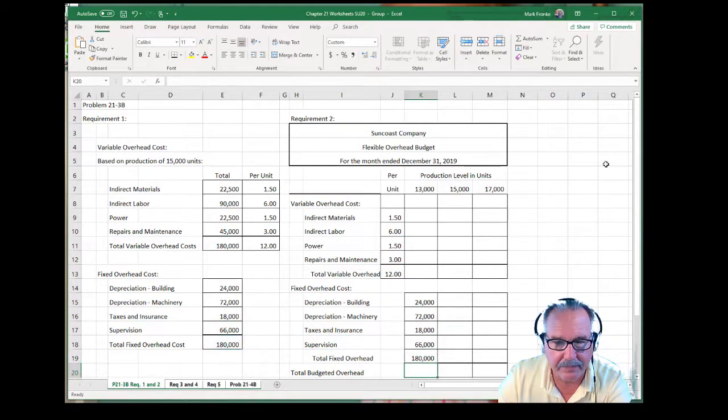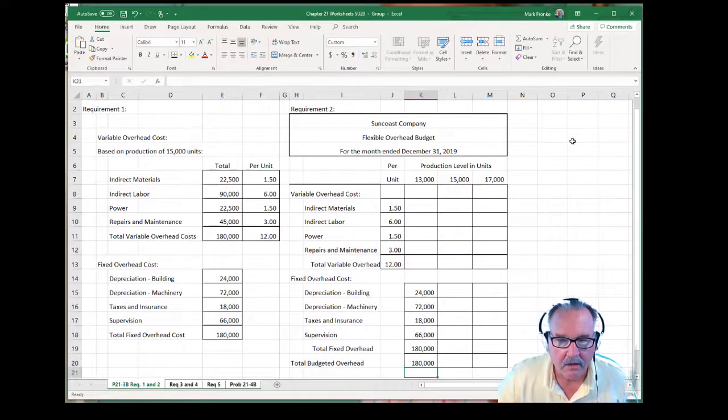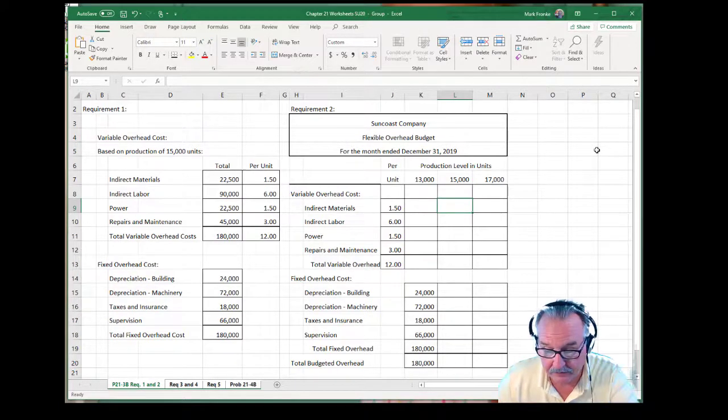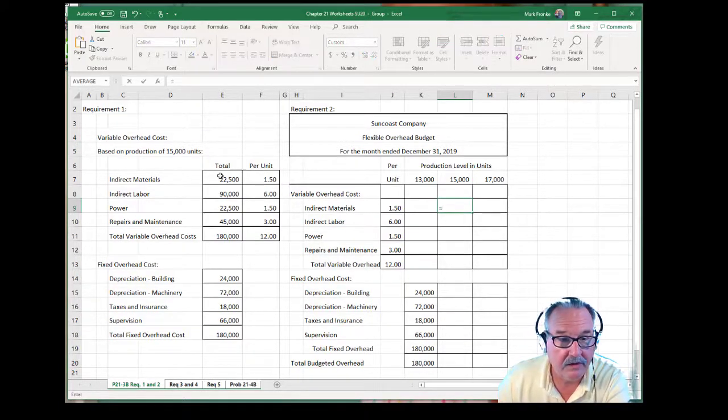So we already know that at the 15,000 level, it's going to be $180,000 in fixed cost, because that's how we got these numbers to begin with. So let's just bring those over here.